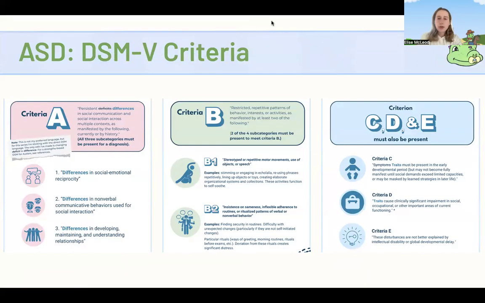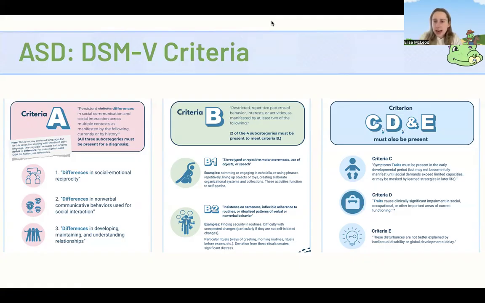I won't go through this because I've touched on all of these areas, but here is the DSM-5 criteria, and this will probably be covered in the psych lectures. Criteria A is speaking about the social emotional reciprocity, nonverbal communicative behaviors and relationships, whereas criteria B is about those repetitive patterns and behaviors.